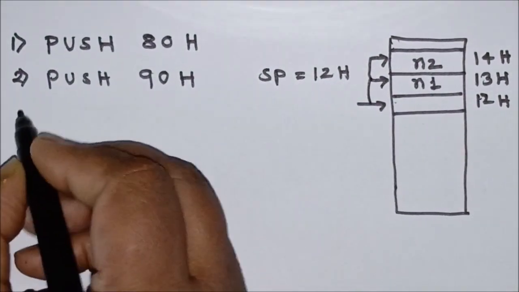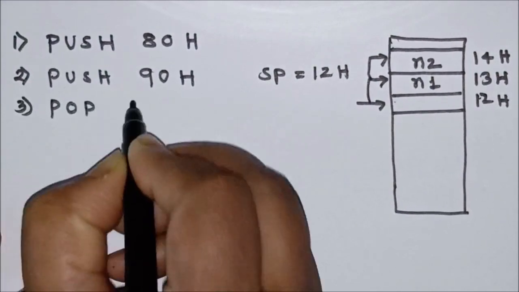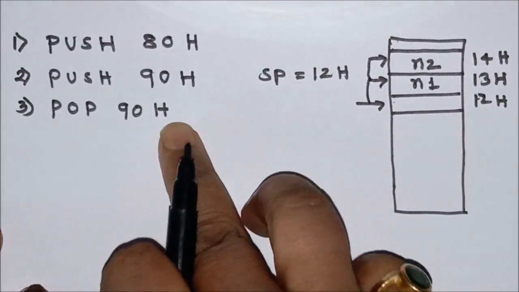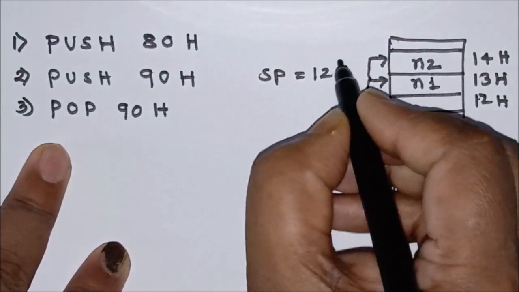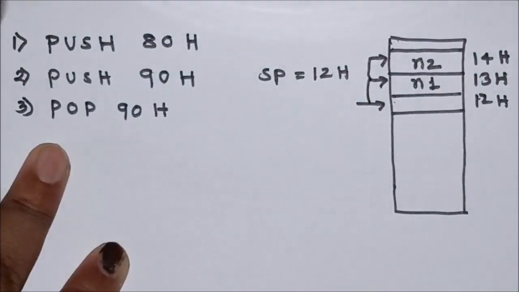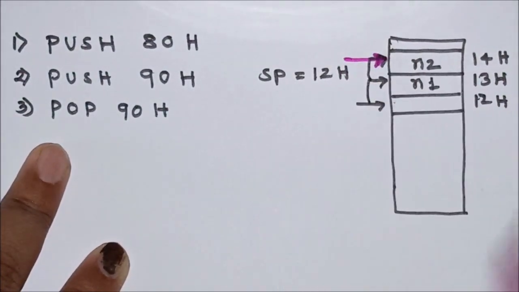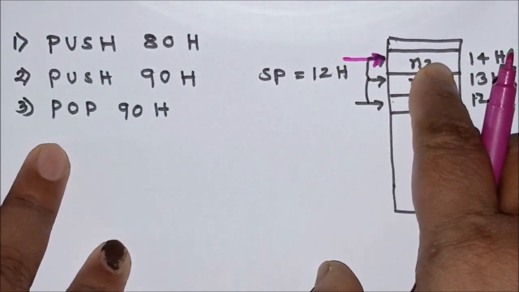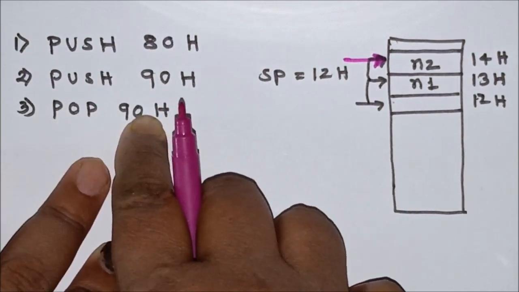So for that, first we have to write instruction pop 90H. So while writing pop instruction, the order should be reversed. So after execution of these two instructions, the stack pointer is now pointing to this memory location. Now microcontroller has to execute this pop instruction.